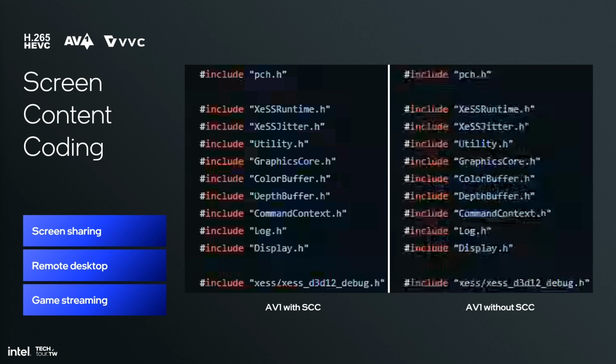You'll see here the right side is with screen content coding, and the left side is without. Hopefully you can see the algorithm that we use is pretty different, and the quality is much, much better at the same bit rate. So screen content coding dramatically improves the experience of streaming a desktop, whether you're streaming from the cloud or to a neighboring desktop.